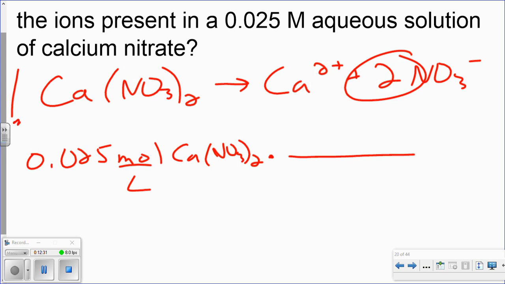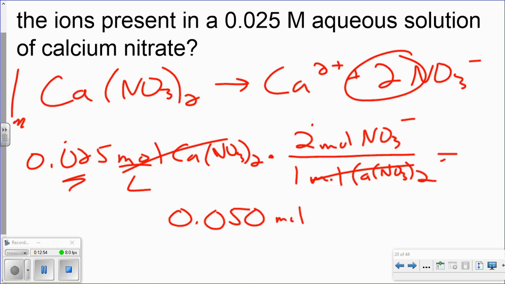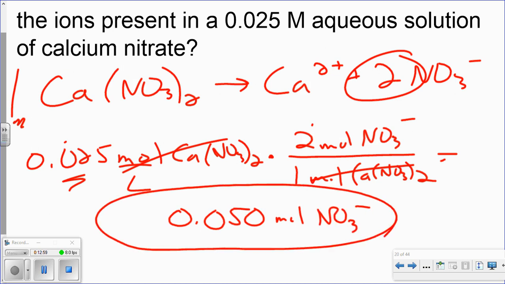So if I have 1 mole of CaNO3 that becomes 2 moles of nitrate. So I'm going to double this. This will be double. This times 2. So 0.050 moles of NO3 is produced in this problem. Okay, so we double it. Be careful with those. Okay, moving forward.